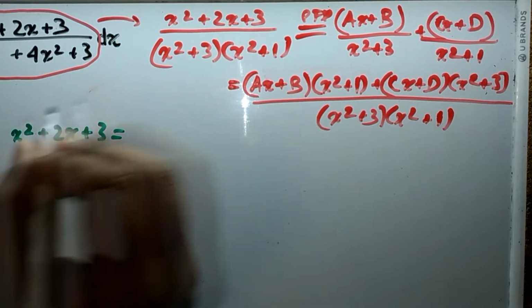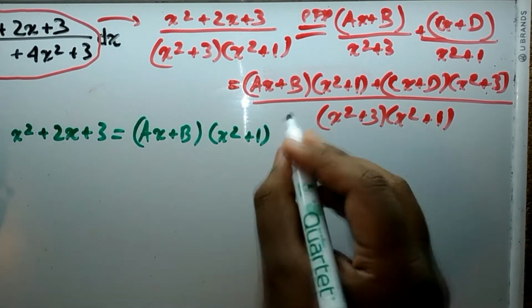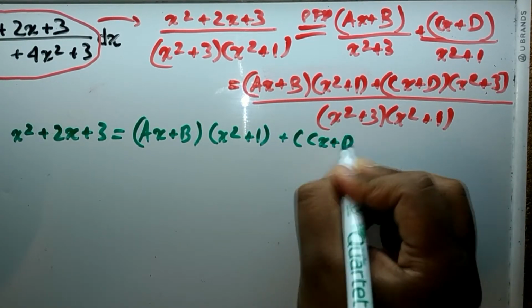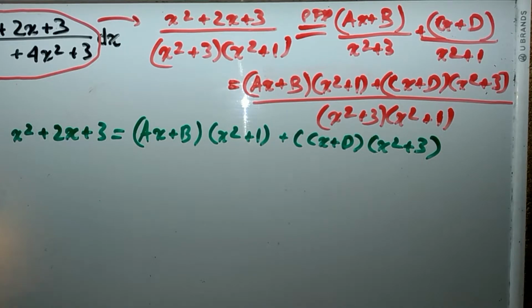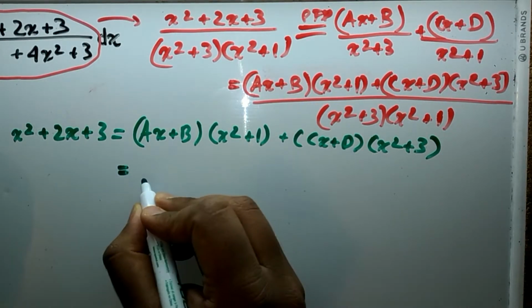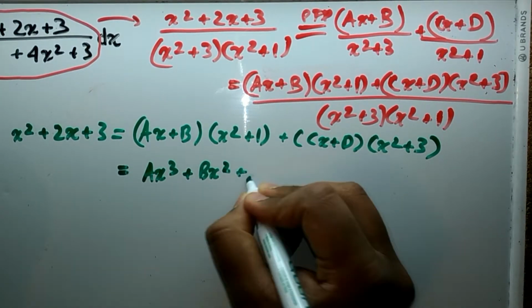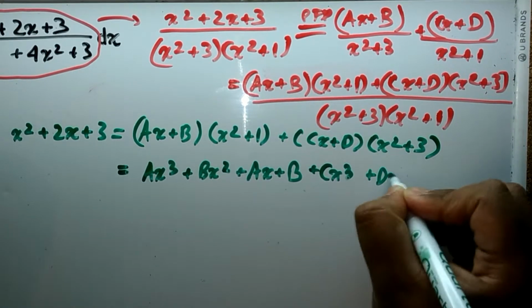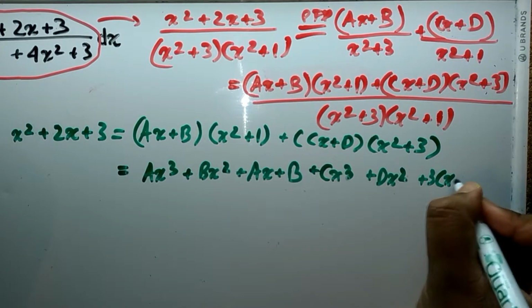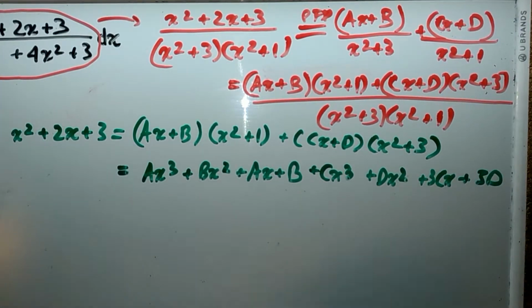So it's going to be x squared plus 2x plus 3 equal to (ax plus b)(x squared plus 1) plus (cx plus d)(x squared plus 3). From here you can't really isolate a lot, so what we're going to do is expand these. We get ax cubed plus bx squared plus ax plus b plus cx cubed plus dx squared plus 3cx plus 3d.